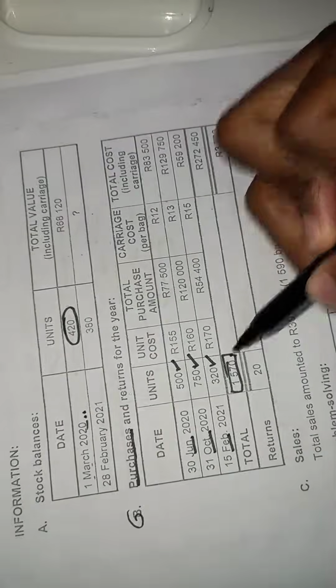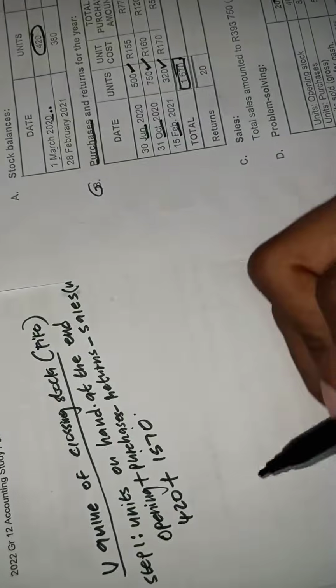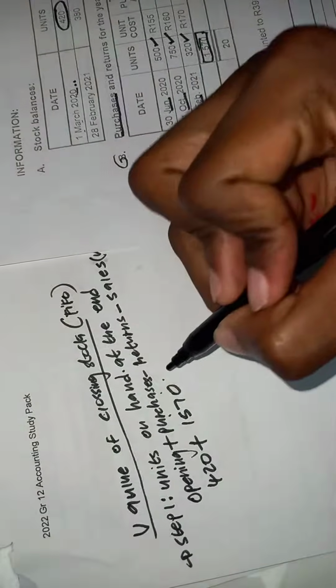So now we take that information and put it on total purchases, 1,570. We add all these three. So our purchases is 1,570. Now the formula for step one says minus returns.